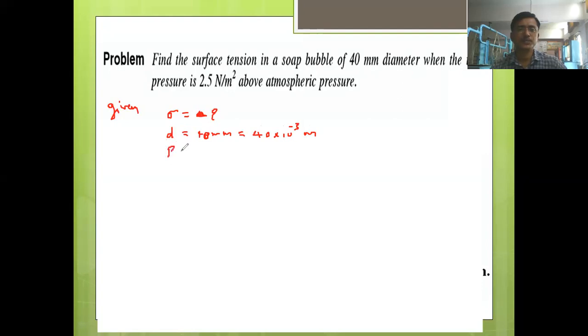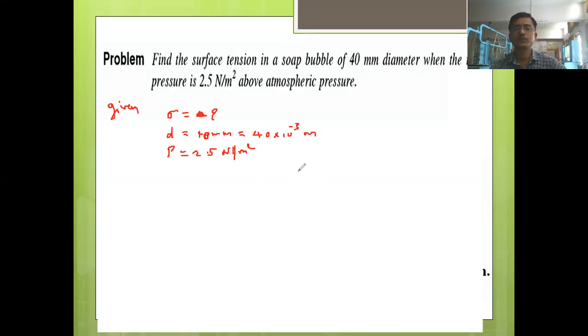Pressure intensity P is equal to 2.5 Newton per meter square. Here there is no need for unit conversion.